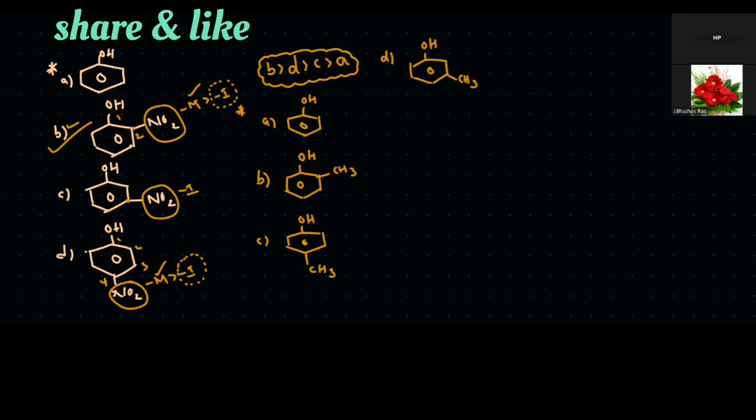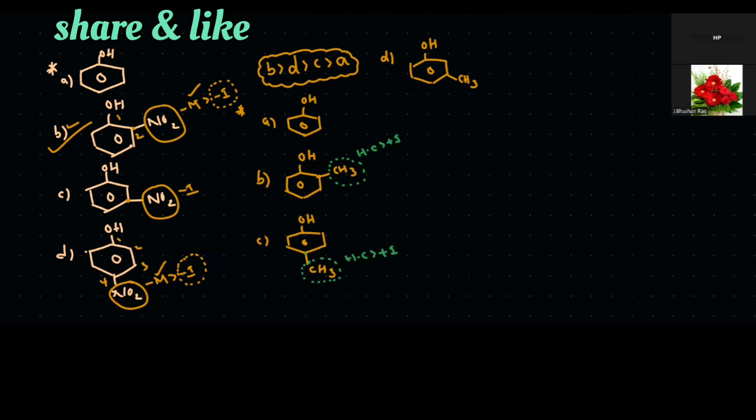Then coming to B, one CH3 group is attached at the ortho position. So ortho means hyperconjugation dominates more than which effect? The inductive plus I. Next, here also one CH3 group is attached to the phenol at the para position. Here also hyperconjugation dominates more than the inductive.